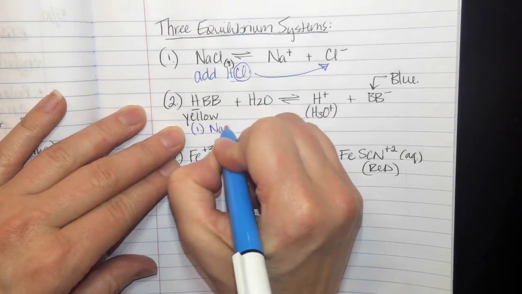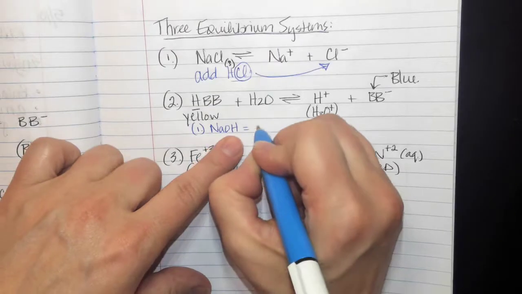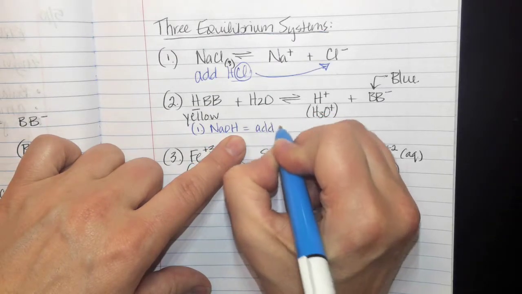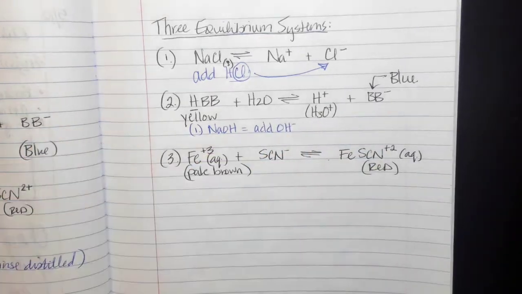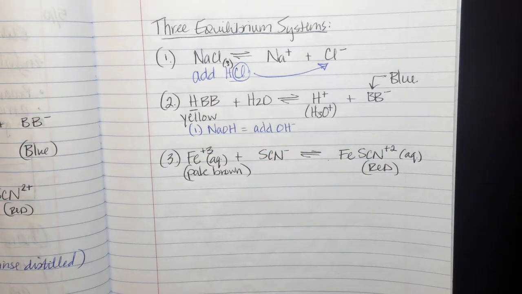I'm going to add sodium hydroxide, which means I'm going to add hydroxide ions. If I add hydroxide ions to this reaction, tell your table partner what could potentially happen. If I add hydroxides to that reaction, what could the hydroxide potentially do?